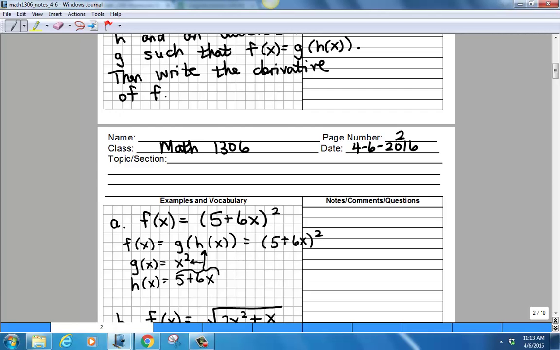When you have that set up, then you can apply what's, again, called the chain rule. And what the chain rule does, again, is allow you to find a derivative, all right? So let me write down again what the chain rule says.